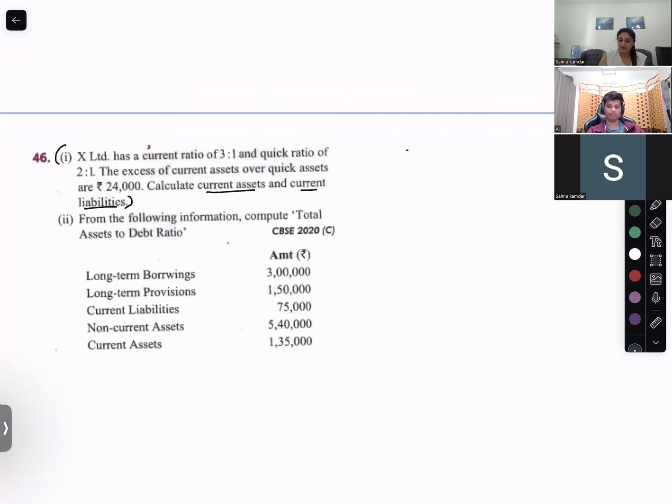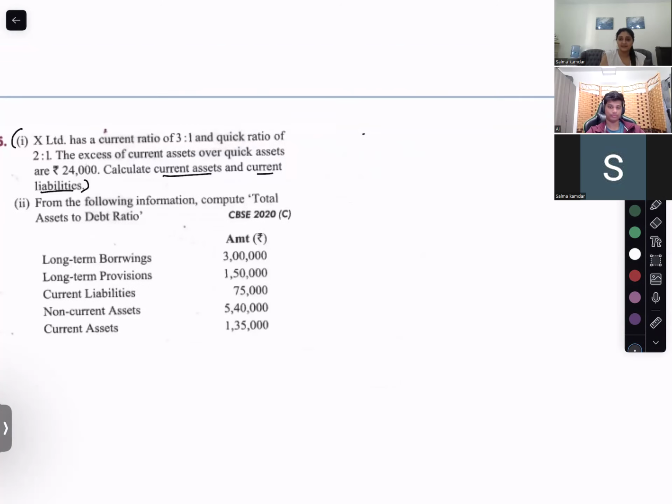In this situation, we go with what we have been given. What has been given to us? We have been given the current ratio, which is 3:1. So please solve along with me.